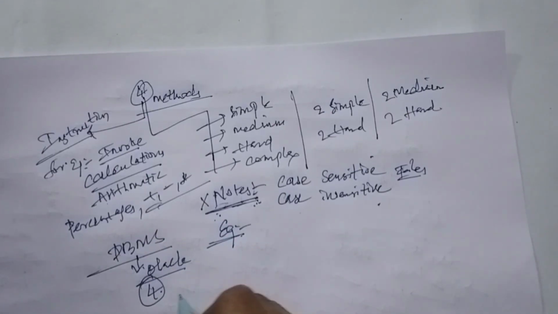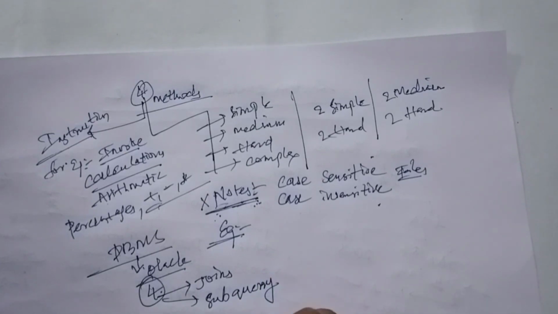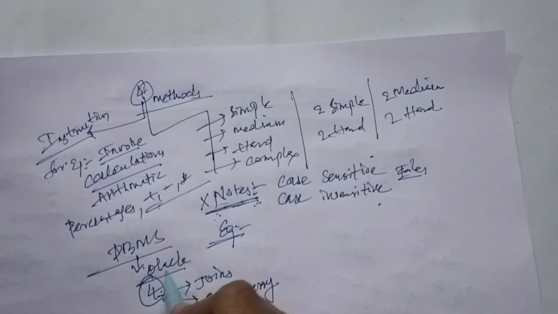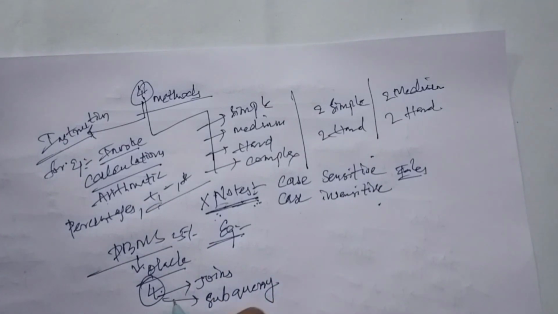In hard and complex, they will mostly test the concepts of joins and subqueries. So you need to write these 4 queries, and this has 25% of the weightage. You can go with it.